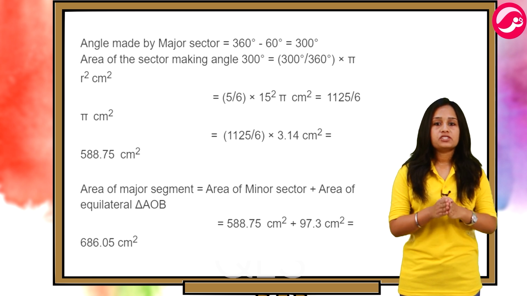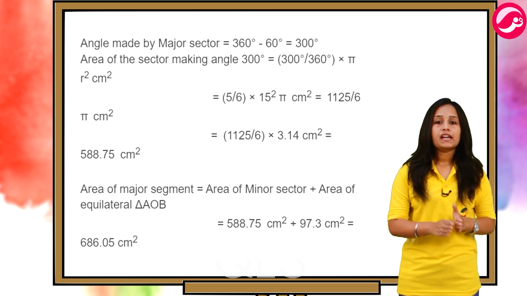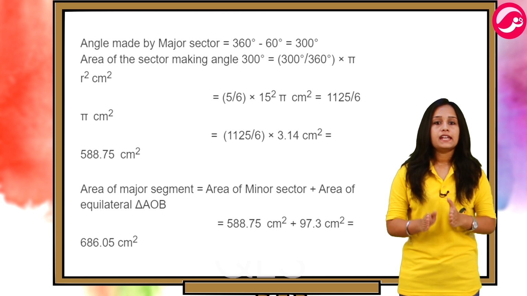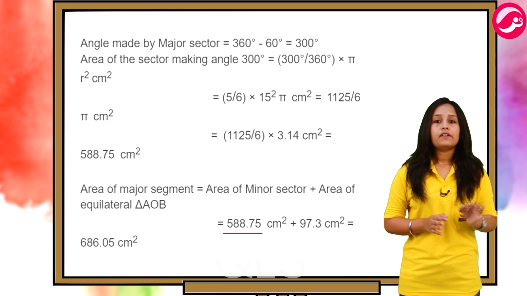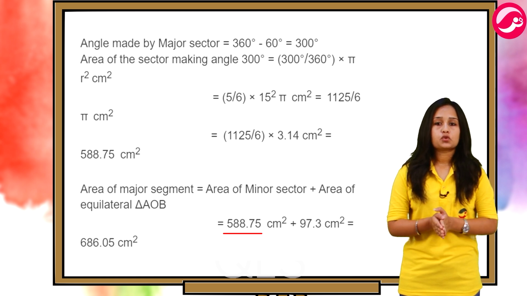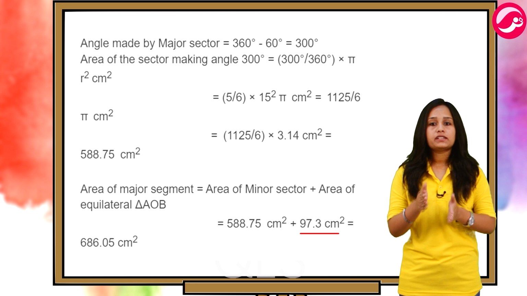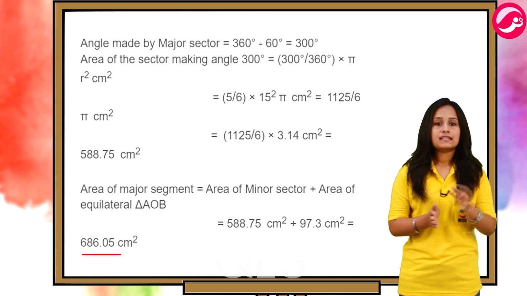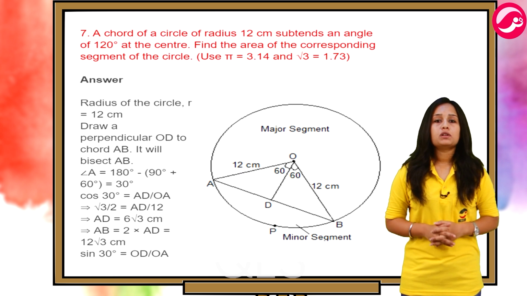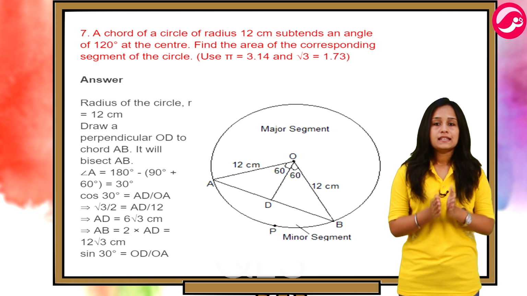Now the area of the major segment is equal to the area of the major sector plus the area of equilateral triangle AOB, which is equal to 588.75 centimeter square plus 97.3 centimeter square, that is 686.05 centimeter square.